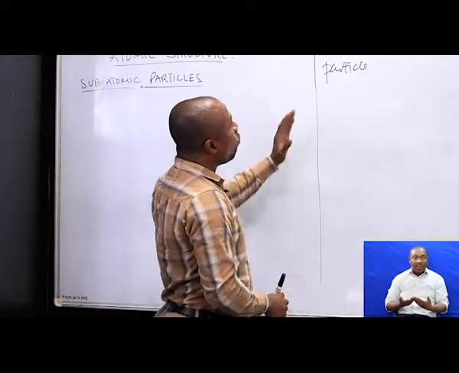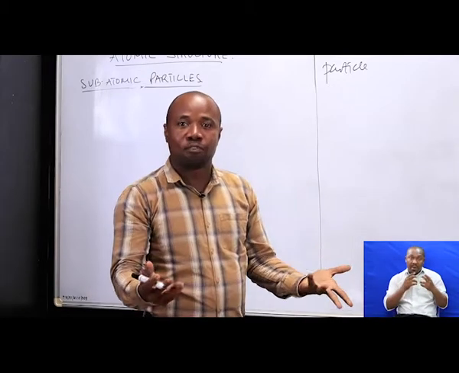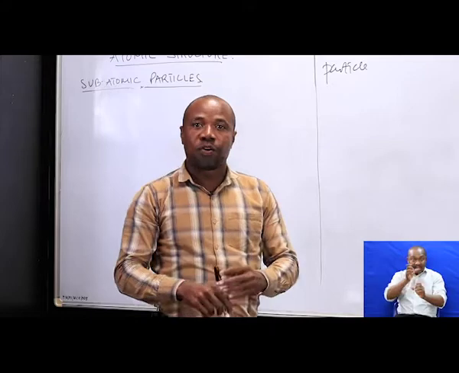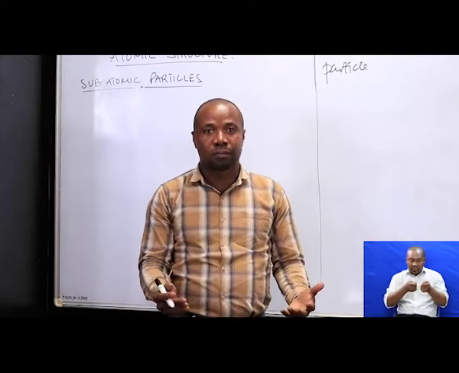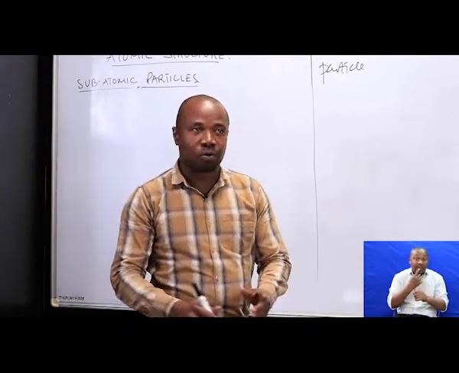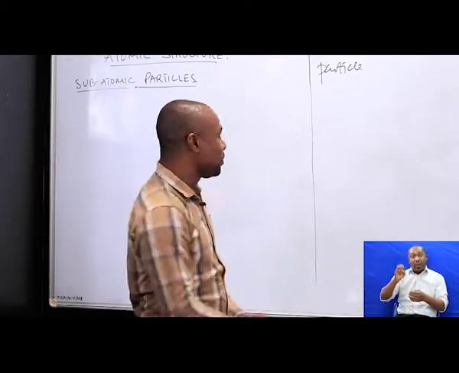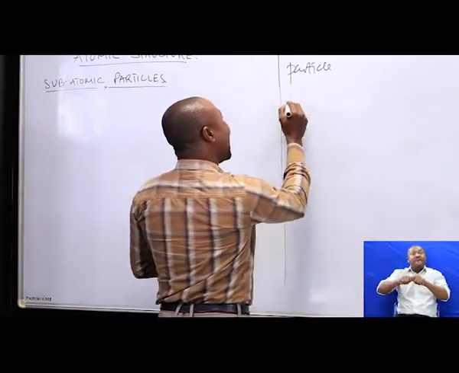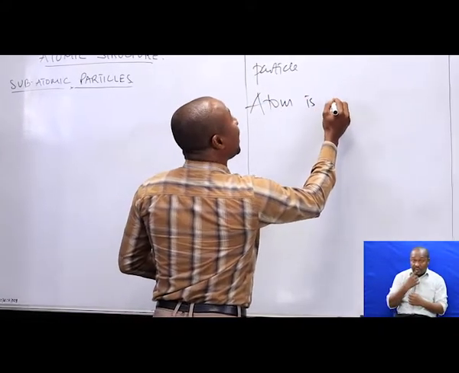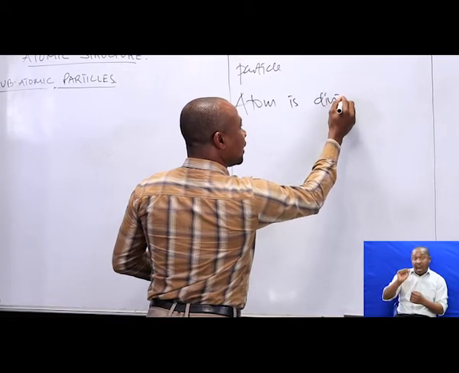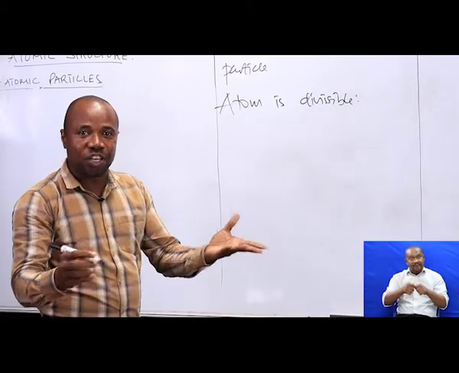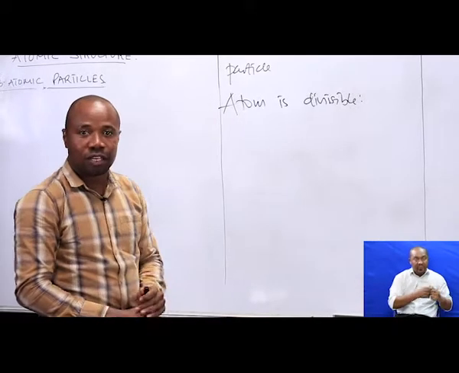So, what then came from other scientists that conducted a lot of experiments, and they saw that this atom can be divisible. They came to conclusion that no, that atom is divisible, and hence, what's the definition we can conclude from these two theories?